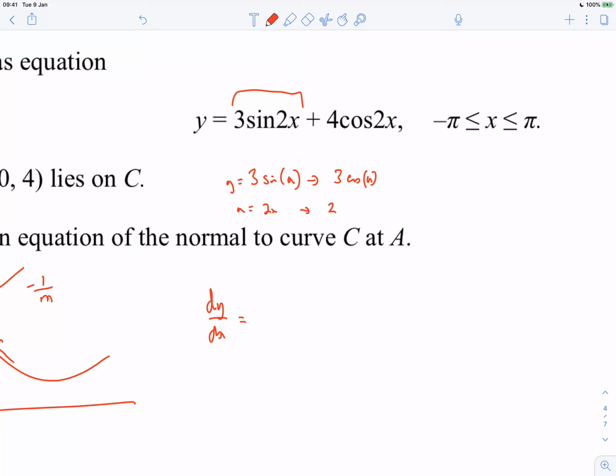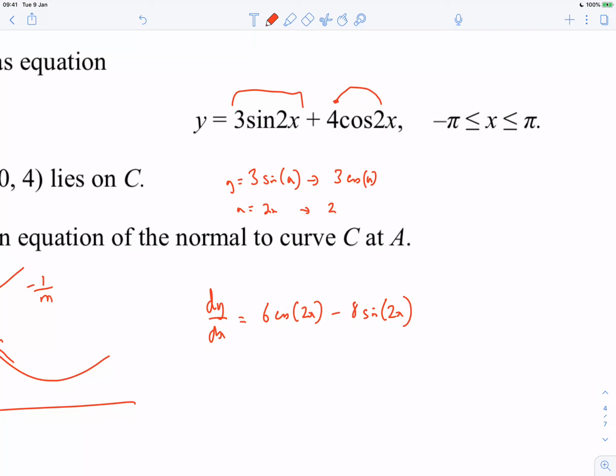Multiply them together. This is going to be 6 lots of cosine a, which is 2x. And the quicker you get with this, the better. Essentially, you can spot that the argument inside is going to come out as a factor. Cosine differentiates to minus sine, so it's going to be minus 8 sine of 2x.